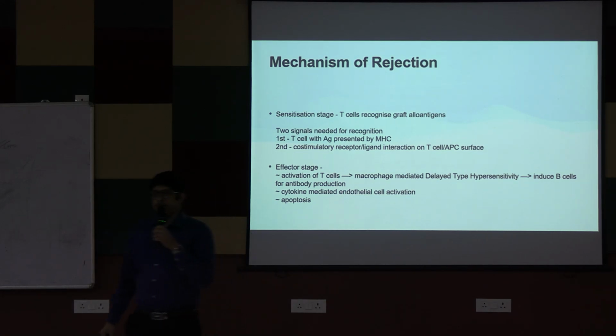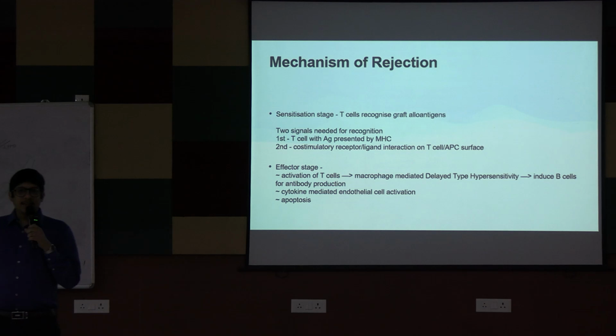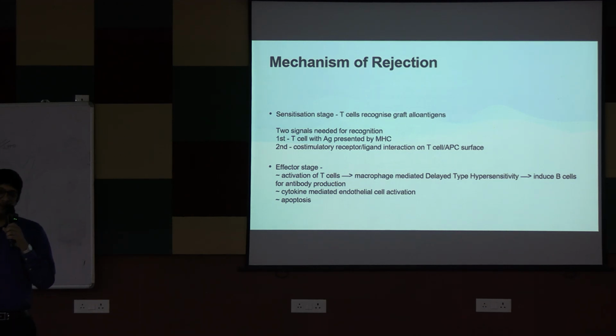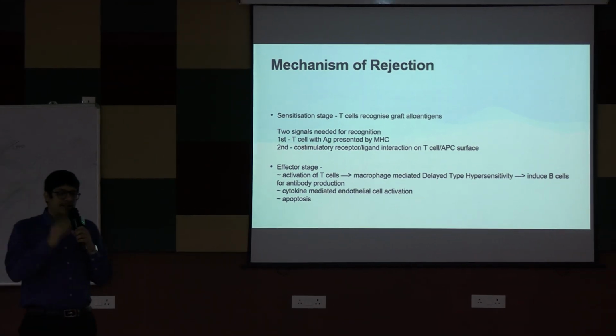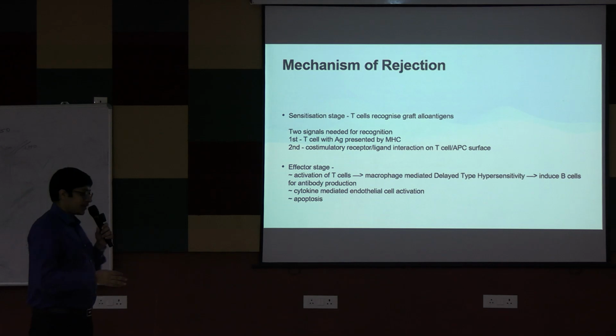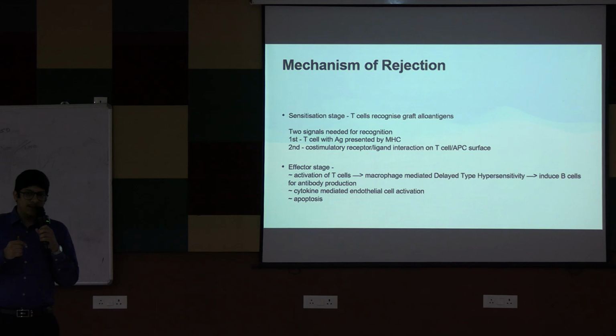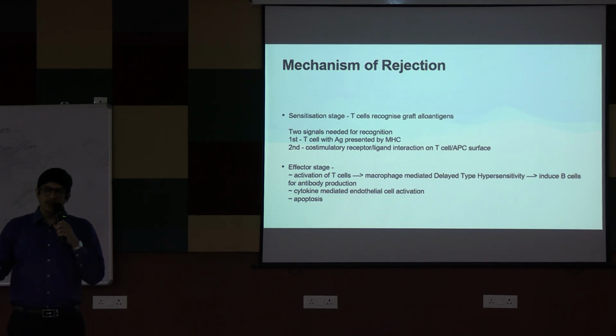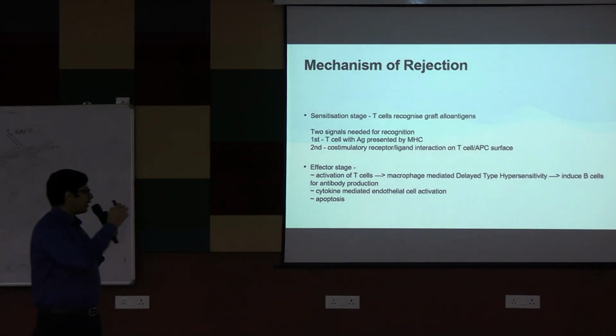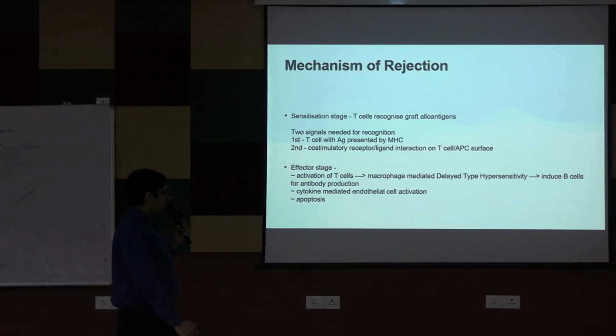Okay, so to summarize this, the antigen is presented to the T cell either by direct or by indirect process. The antigens stimulate the T cell, first by primary interaction and second by a co-stimulatory interaction between the T cell and the antigen presenting cell.